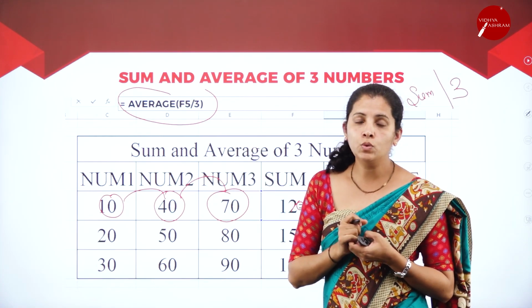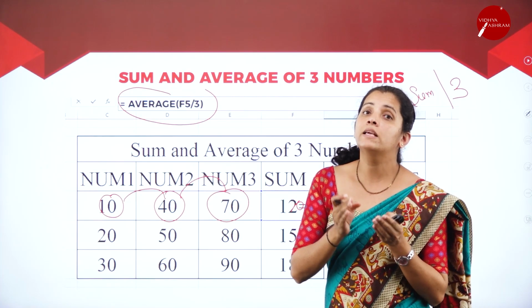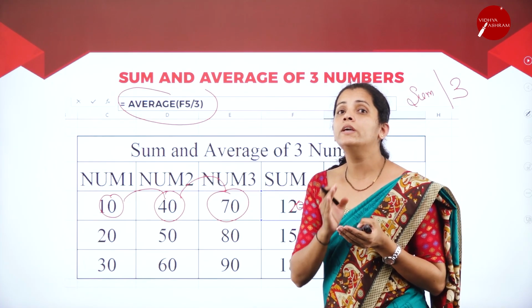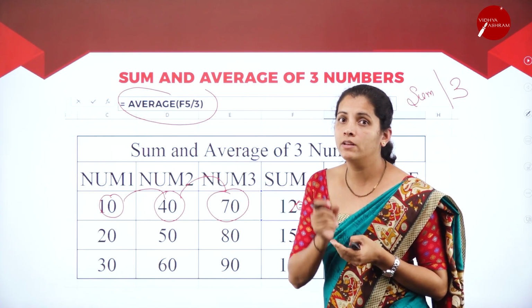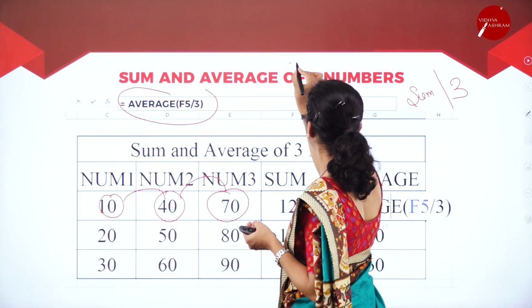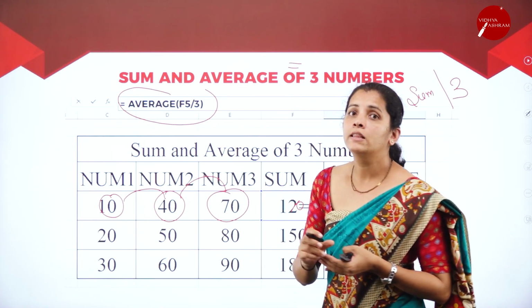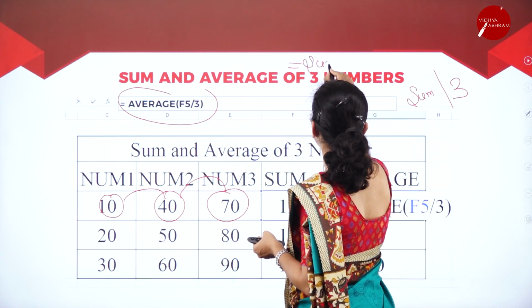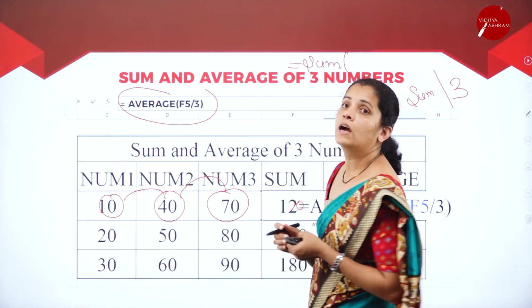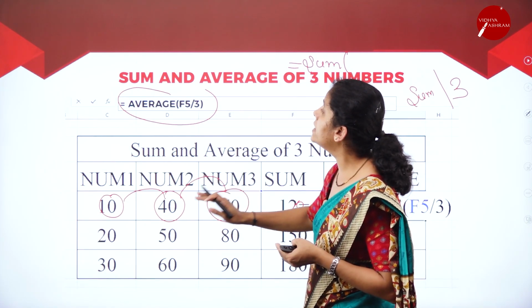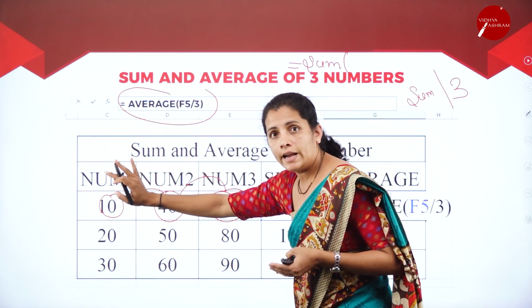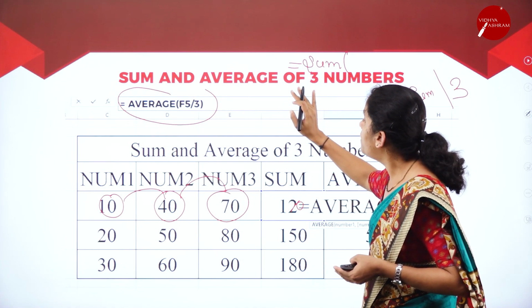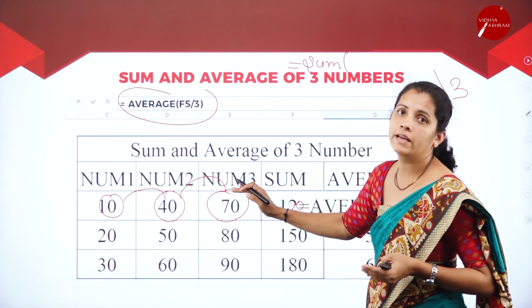Now I want to convert my general formula to the computer understandable form. So here I have the equal symbol. Then what is the function I have? That is sum, and I'm going to pass the starting cell address, and I'm going to pass the ending cell address.